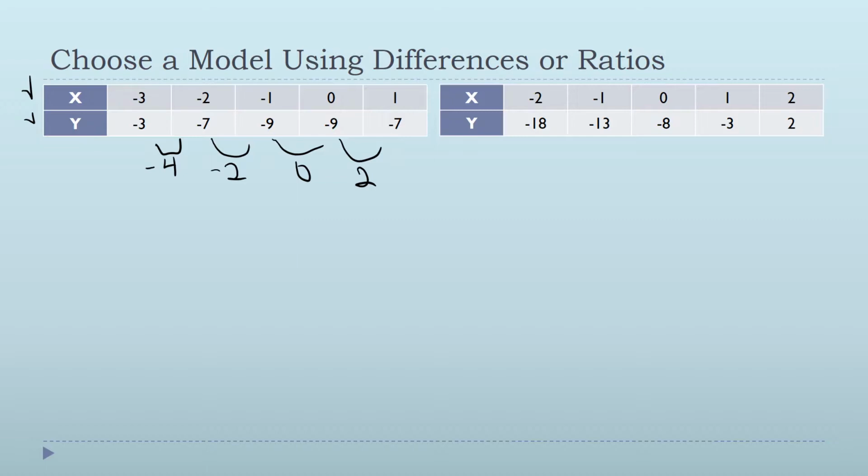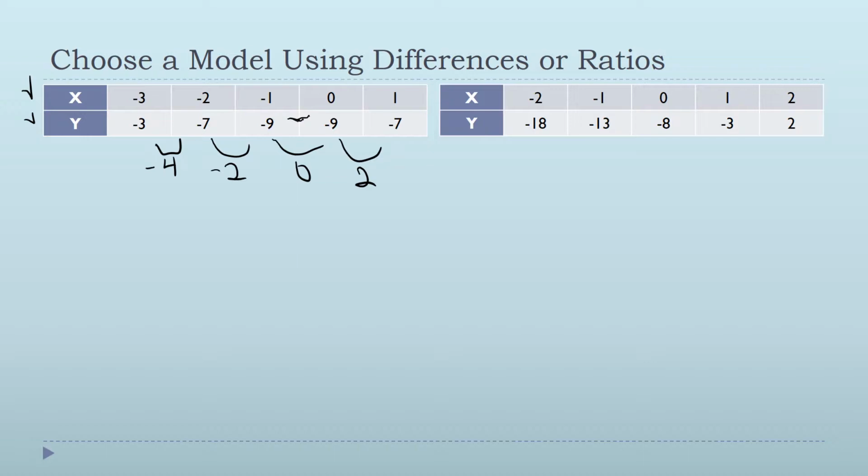And I certainly don't see a common difference in this first set of differences. And in looking at this data, I can also see I can't possibly have a common ratio, particularly when I'm looking at this -9, -9, versus the other data.